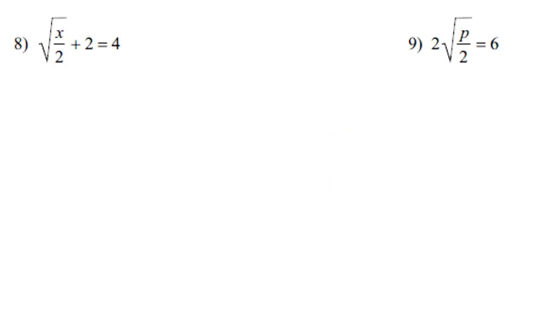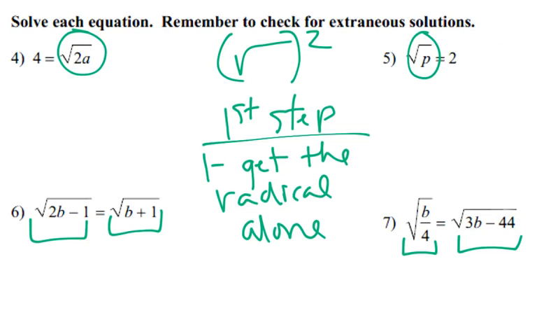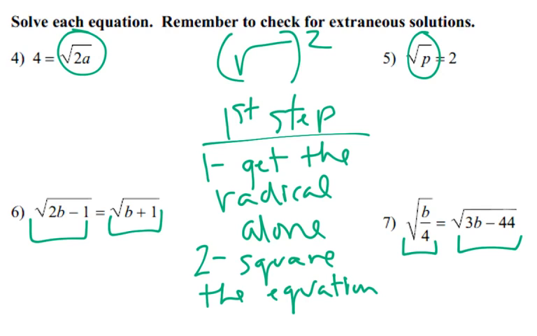Here's where something wouldn't be part of it, and we'd have to deal with it before we could do this. Once you get the radical alone, square the equation, and then the third step is solve for the variable, or 'slove' for the variable, I guess it would be. Instead of solving, we're sloving.